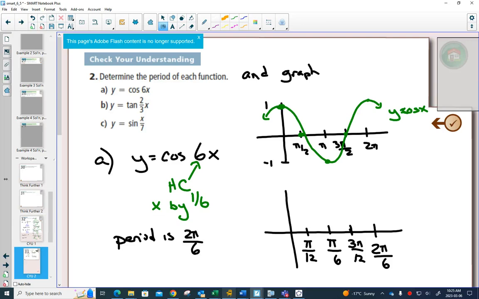Since our x values are changing, but not our y's, our maximum is still 1, our minimum is still -1, and the cos graph starts at a maximum, and once you have these 4 sections, the following pattern will always happen. Once you're at a maximum, next you're at the center line, then you're at the minimum, back to the center line, back to the maximum.